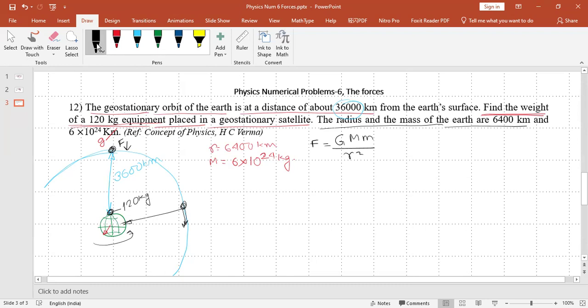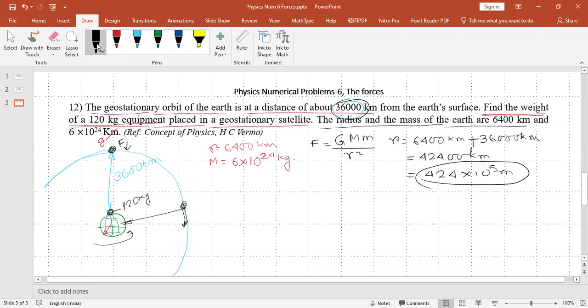And this R, when it is at the geostationary orbit, R is equal to 6,400 kilometers plus 36,000 kilometers, which is equal to 42,400 kilometers, which is equal to 4.24 into 10 to the power 7 meters.